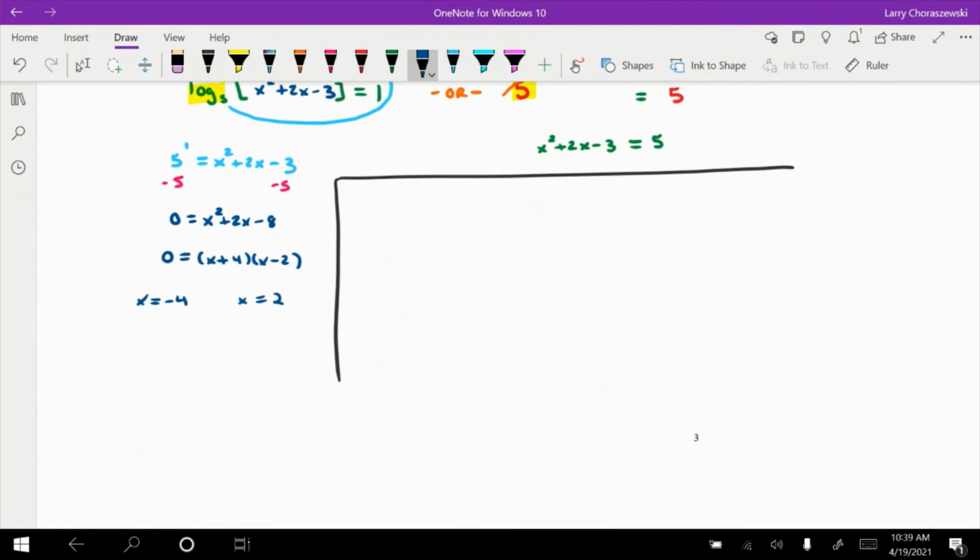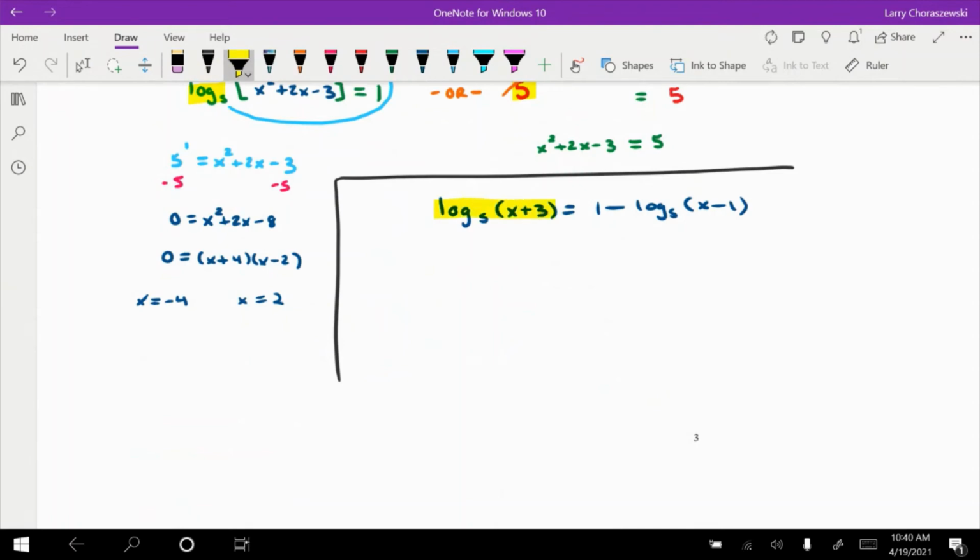Let me write down the original version of the equation. And you might recall this is an equation we got two answers to, x equals -4 and x equals 2. Let's see if any of those are extraneous. So the original equation was log base 5 of x plus 3 equaling 1 minus log base 5 of x minus 1.